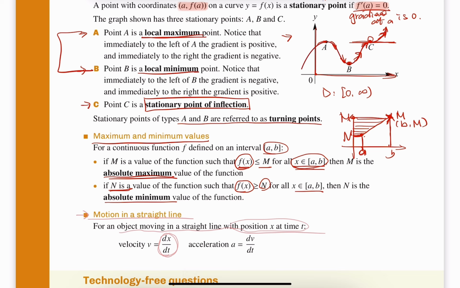And acceleration is equal to dv/dt, which you can think of as, if you have x and you differentiate once, you get v, velocity. If you differentiate twice, you get acceleration, which represents the change of your velocity.